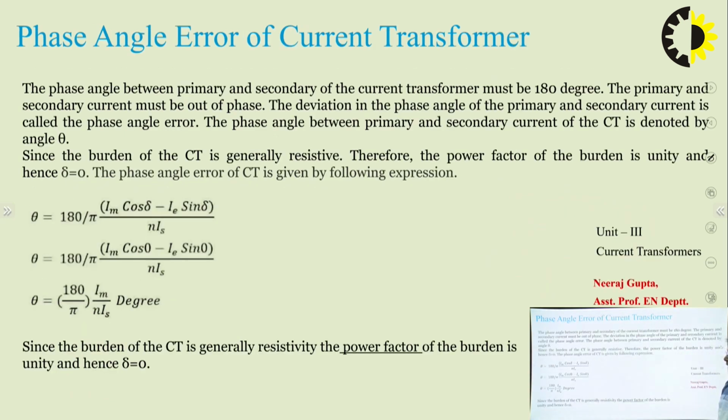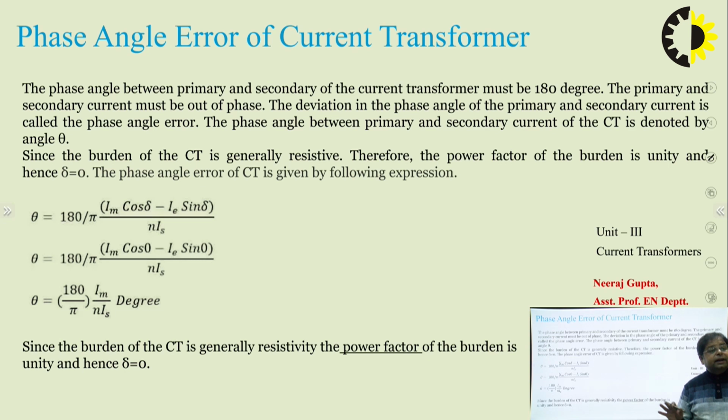Next error is the phase angle error. The phase angle between primary and secondary must be 180 degrees, because for a transformer, primary and secondary must be completely 180 degrees out of phase. But in practice that does not happen.